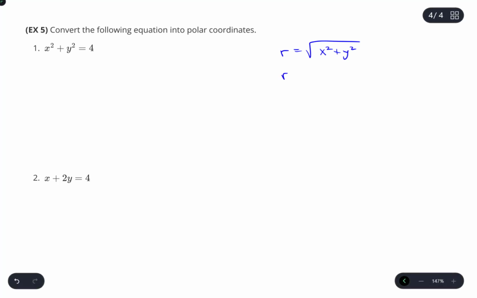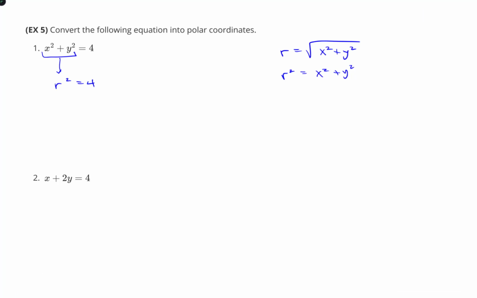But it's probably better if we square both sides of that equation. And then we can directly transform this for r squared. And that's equal to 4. And to get r by itself, that's what we want for a polar function, is r by itself. So just take the square root of both sides.